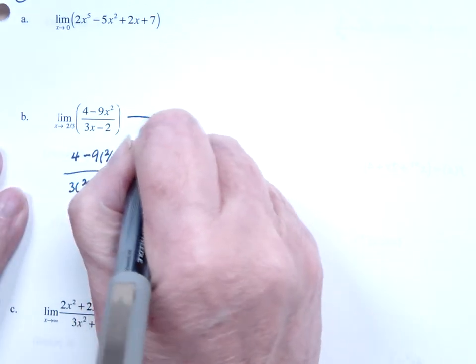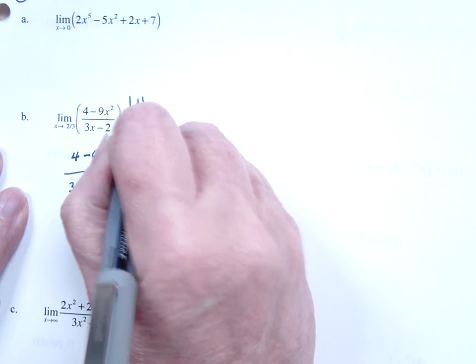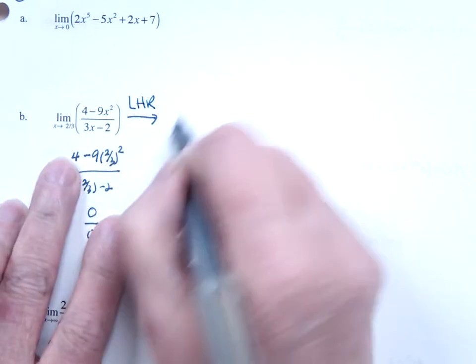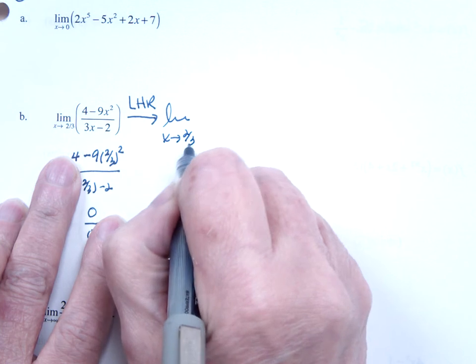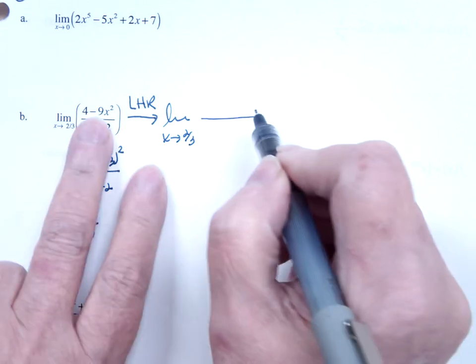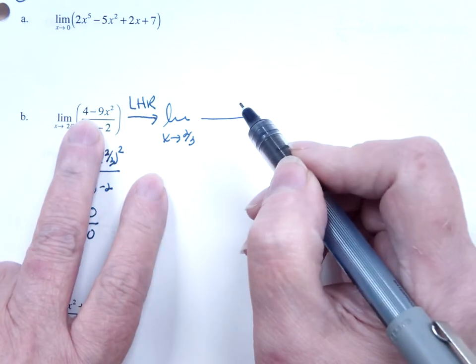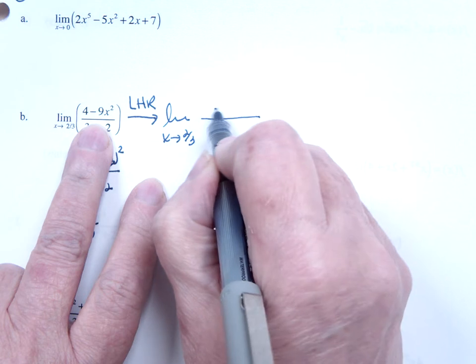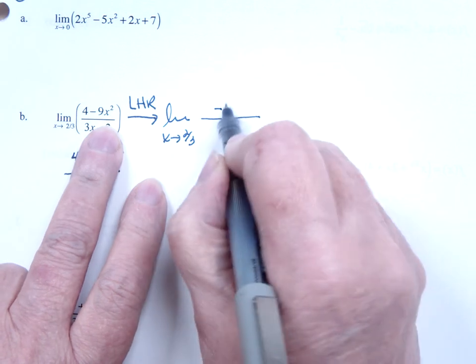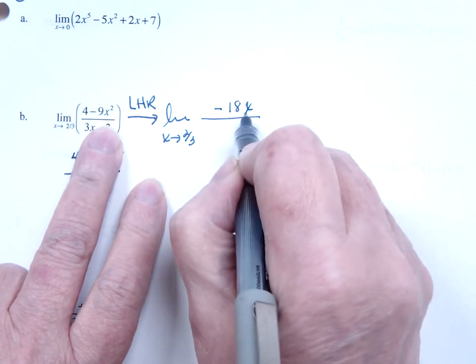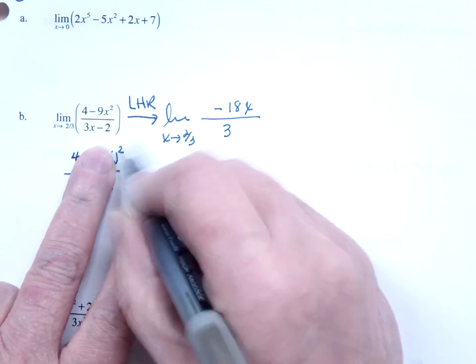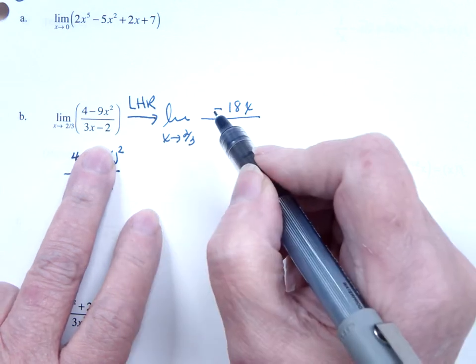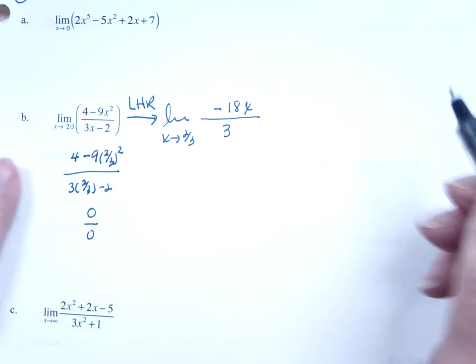Using L'Hopital's rule, LHR, this becomes the limit as x goes to 2/3 of the derivative of the numerator: the derivative of 4 is 0, minus the derivative of 9x squared, which is just 18x. The derivative of 3x is just 3. The derivative of negative 2 is just 0.